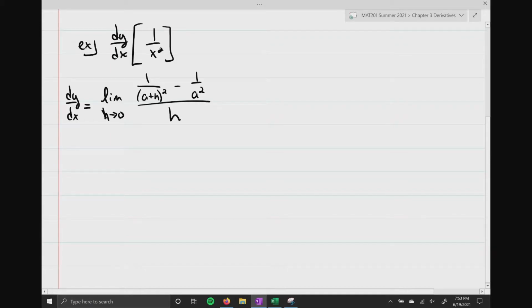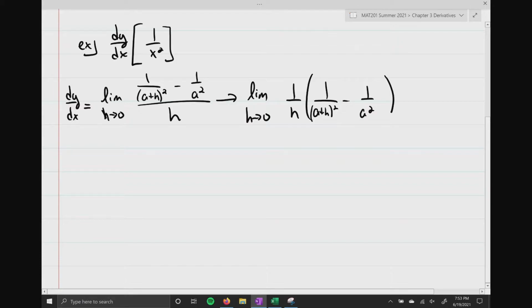To keep things nice and neat, I'm going to rewrite this as 1 over h times the quantity 1 over a plus h quantity squared minus 1 over a squared. The reason I did that is I have fractions in the numerator of the difference quotient, so if I pull the 1 over h out front, it's still the same exact thing.